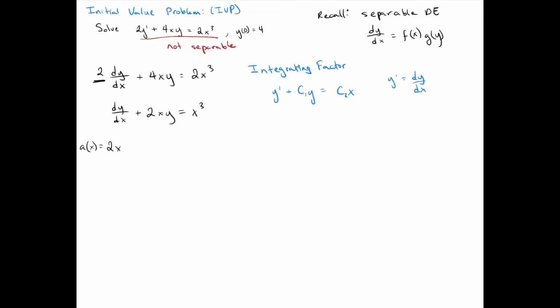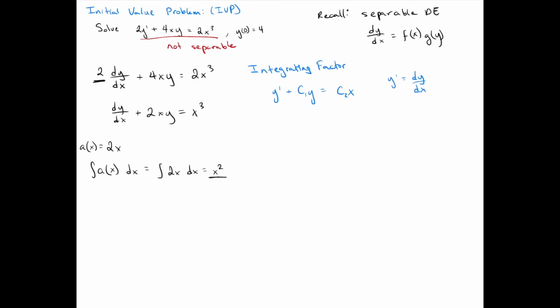What we should do is integrate this function a of x with respect to x. That's the same thing as integrating 2x dx, and we get x squared.